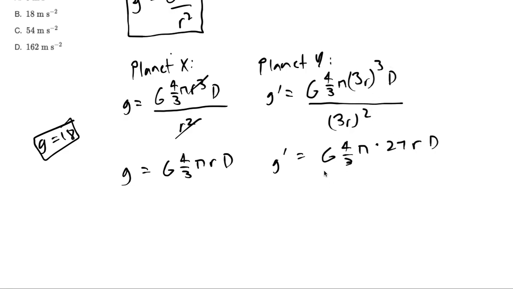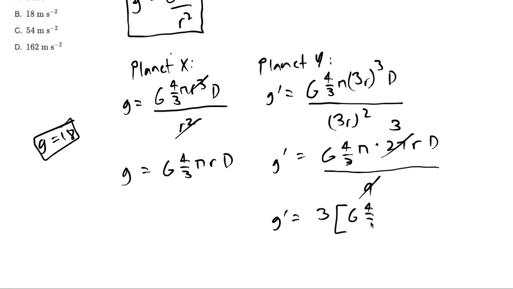I just went one step further, over 9, and 27 and 9 can cancel, this now becomes 3, and g dash can simply be written as 3 times G 4/3 pi r d, right?